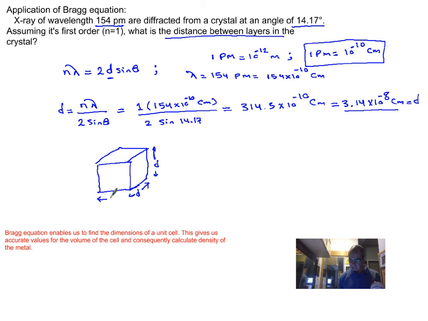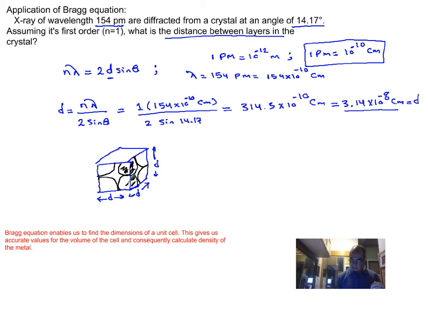So this is also d, which was 3.14 times 10 to minus 8 centimeters. Now this is the unit that contains my atoms. So if there is one atom in each corner, the atoms are going to take place like this, and they go on. So this is how the atoms are packing this unit cell.